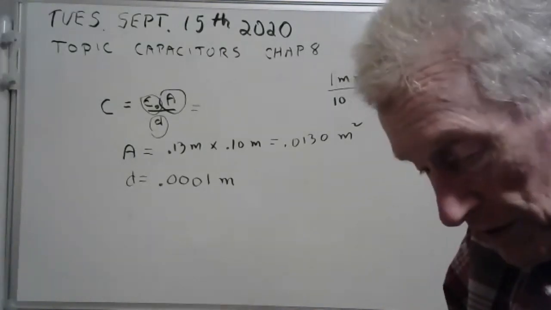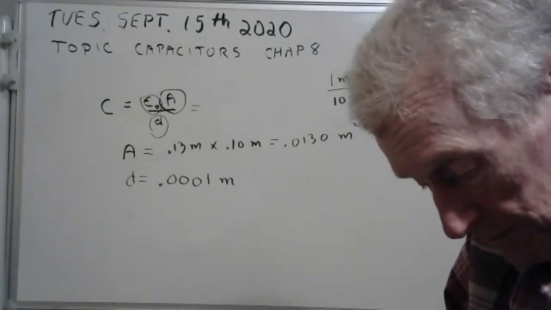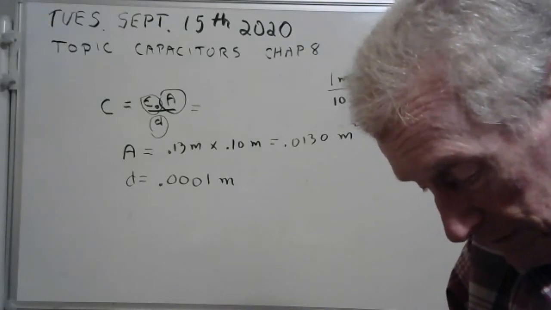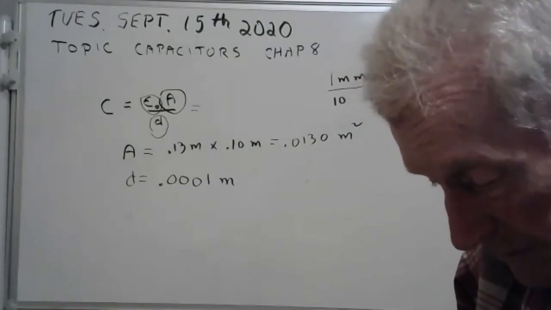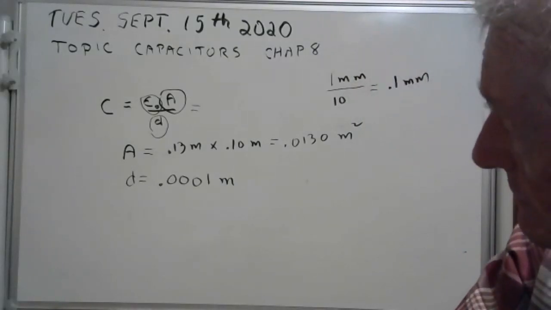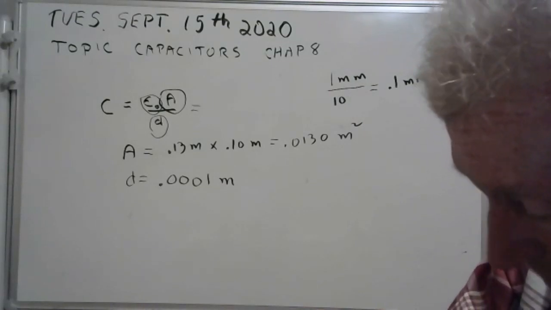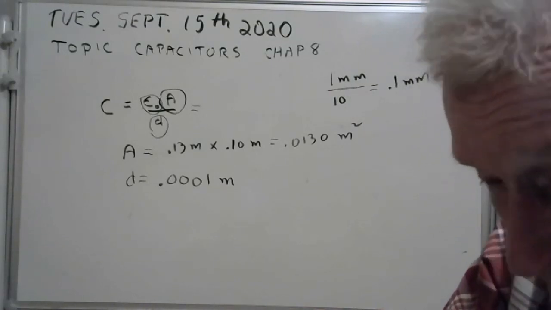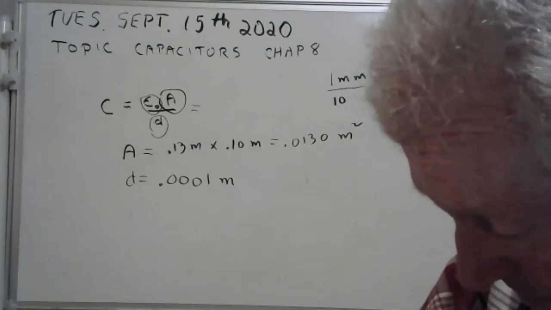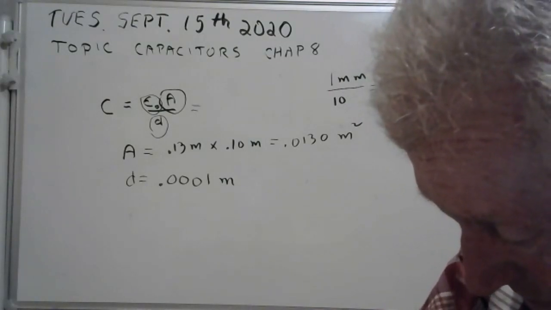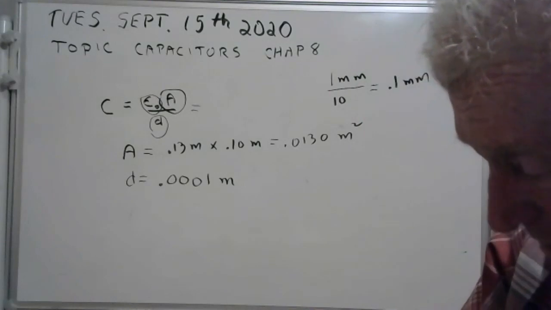Go ahead and put that in and tell me what you get. I got 1.505 times 10 to the negative 10.